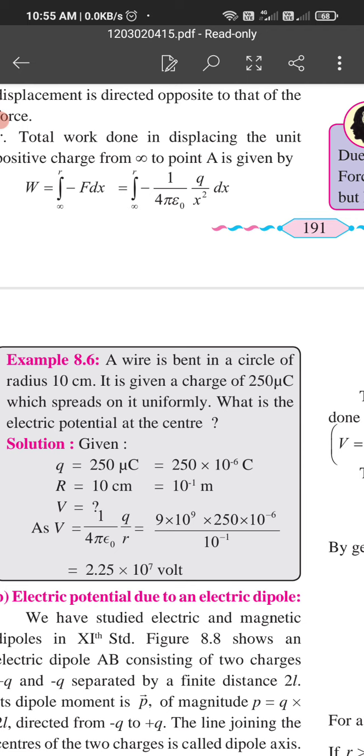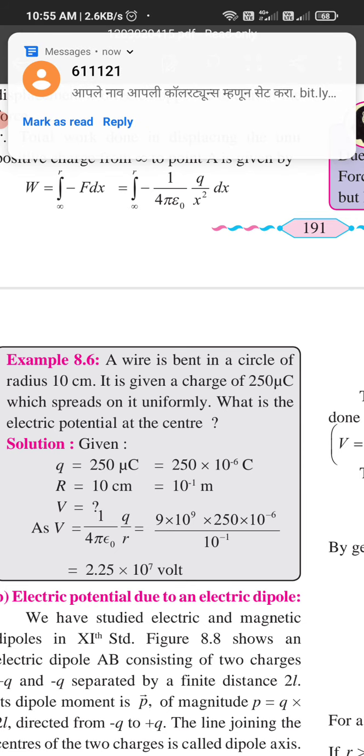So 10 raised to 5, 250 into 9, 2250 into 10 raised to 4. Then 2250, so 2.25 into 10 raised to 7 volt.